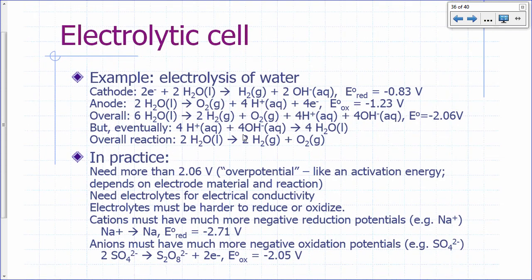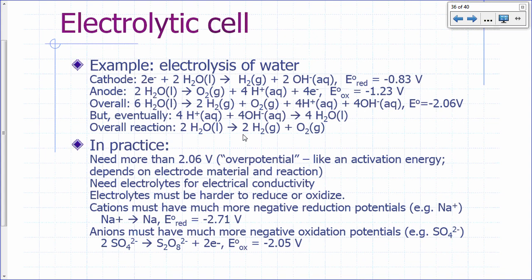Okay. Let's take a look at the case of the electrolysis of water. So what will happen if you try to electrolyze water? You force water to split up into hydrogen and oxygen. So at the cathode, remember, reduction, right? So 2 electrons on the left side plus water. You want to reduce water at the cathode.